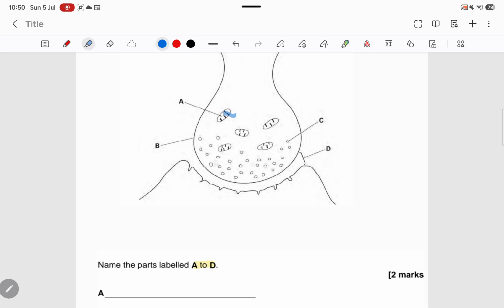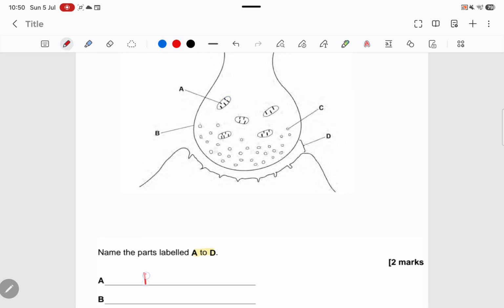In this diagram, the part A, these are the mitochondria. Next to the P is the presynaptic membrane.